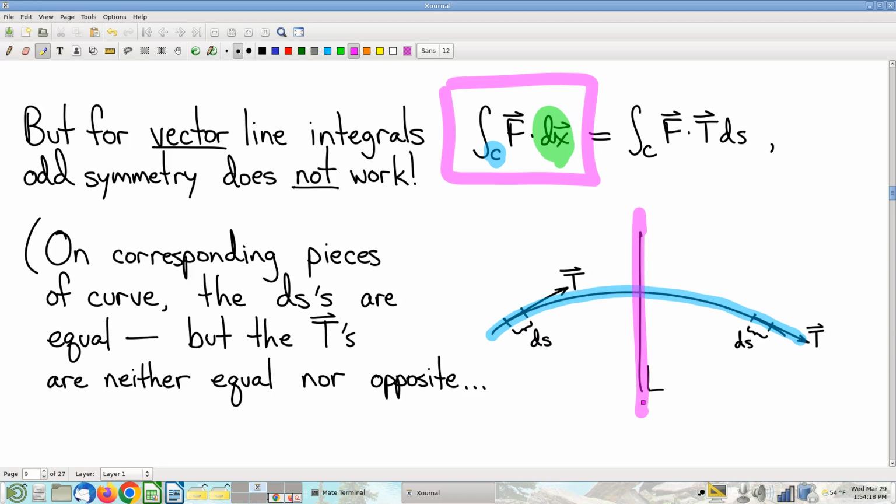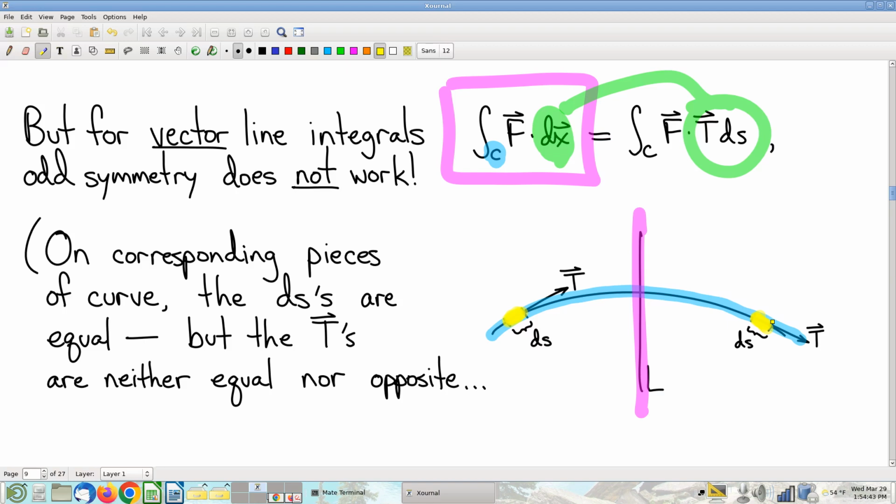This is a for example. So where is dx on this picture? Well, I can't really see dx itself exactly, but I can see the ds and the t, and these are easy to see here. The ds there, the ds here, looking good so far. Looking at the symmetry over this line, these two pieces do have the same size, and that's all fine.